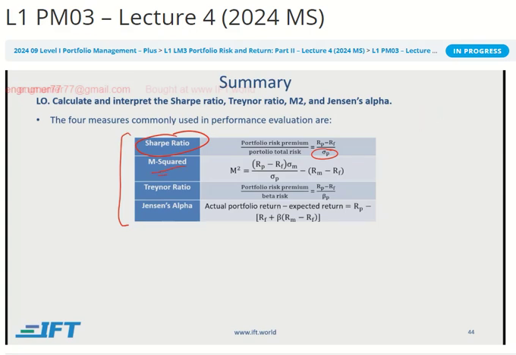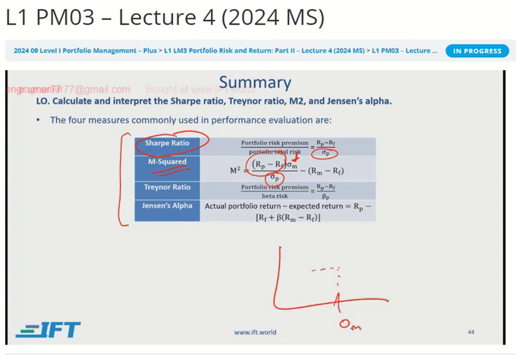And that's where your M squared comes in. This is the excess return I generated. Let me divide that by the risk that I have taken in that portfolio, so now I get, per unit of risk, the extra return I generated. And then let me multiply it with the risk of the market, which tells me how much extra return over the risk-free return I would have generated if I took the same amount of risk as the market.